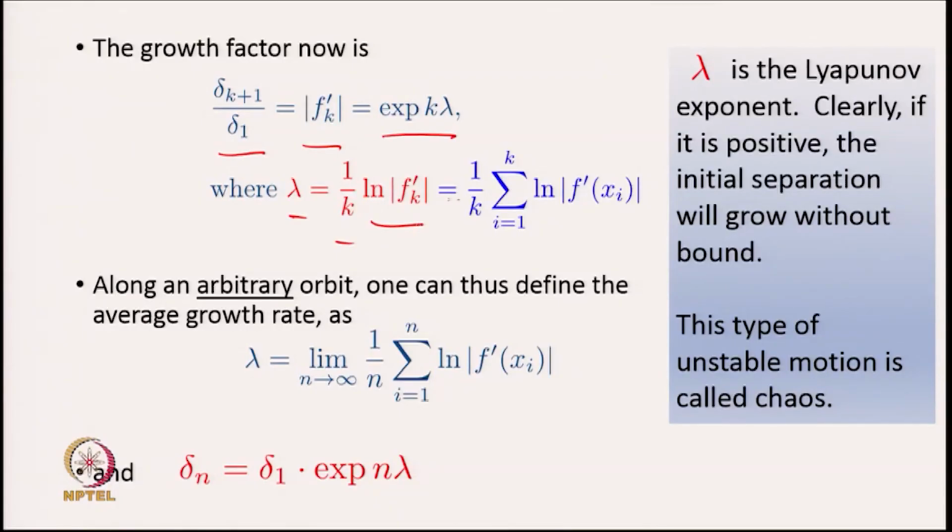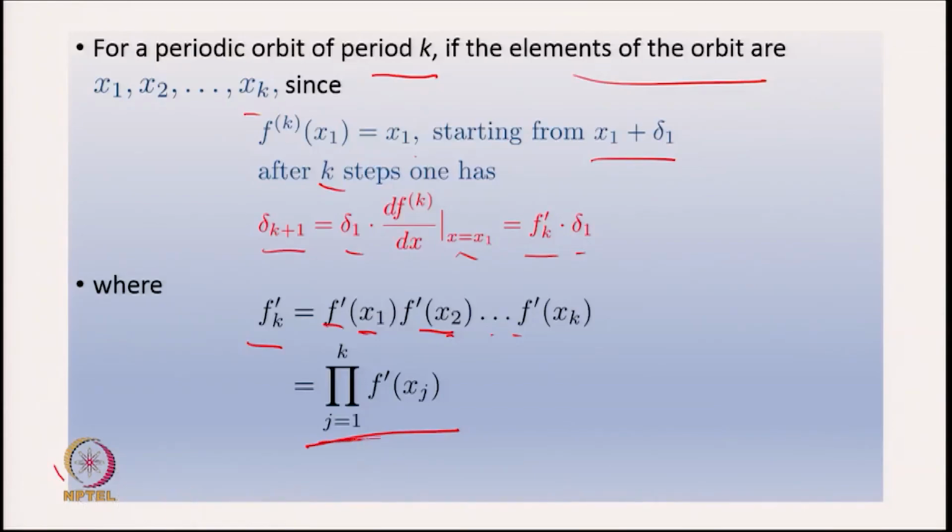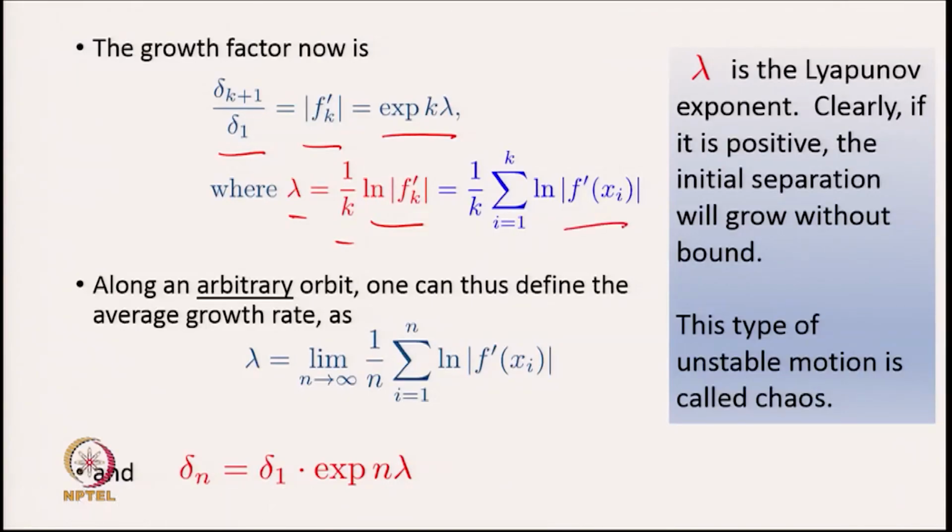I can notice that f prime k is a product of f primes. So, the logarithm of this product is the sum of the logarithms of the individual slopes. So, my expression for lambda is 1 by k times the sum over the various points of the orbit of log of the modulus of this slope.